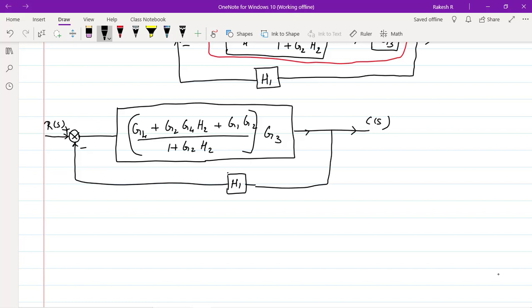Now what we have, G3 G4 plus G2 G4 H2, first I shall write, plus G1 G2 whole divided by 1 plus G2 H2 here.